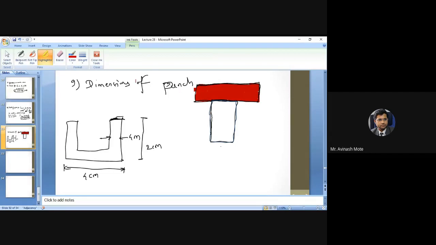Getting it? And this is the exact part which will compress the material. Now I want the size of this. Obviously this is not hollow, this is a solid part, simply a solid cylinder.